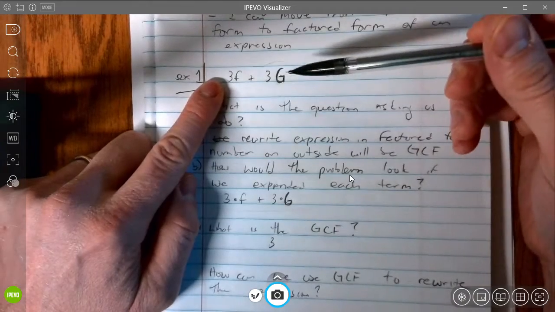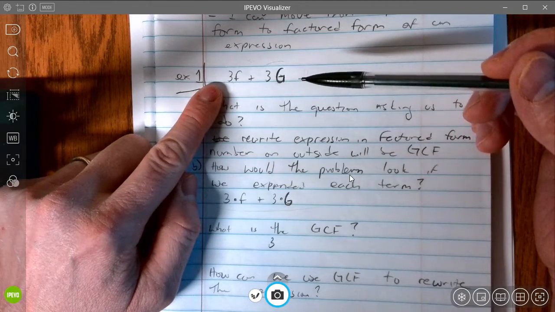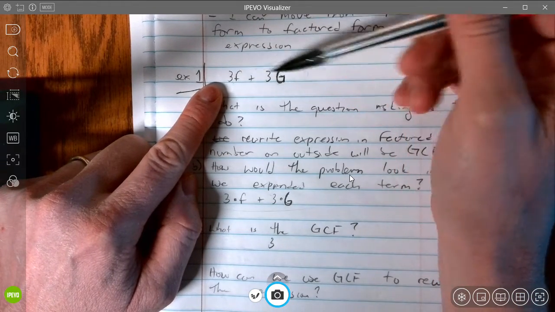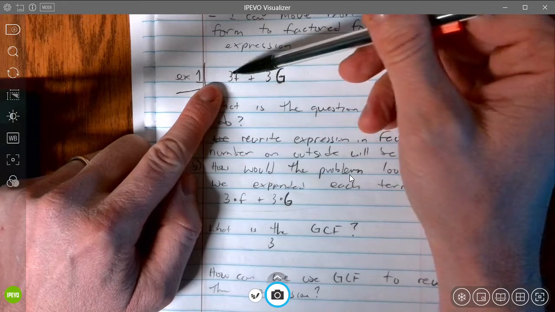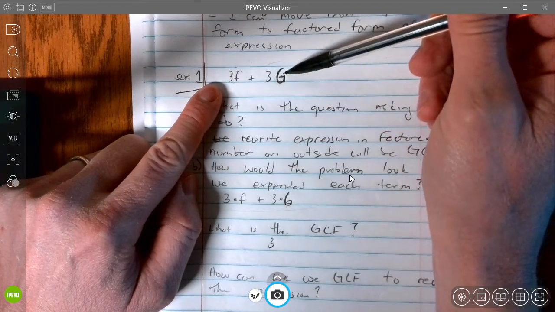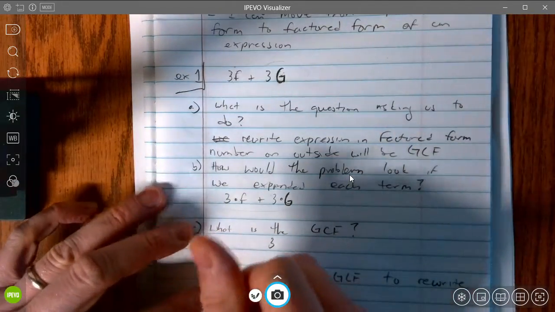Well, what I can do is factor out the 3. Since the 3 is the common factor in both of these terms, I can just factor the 3 out.